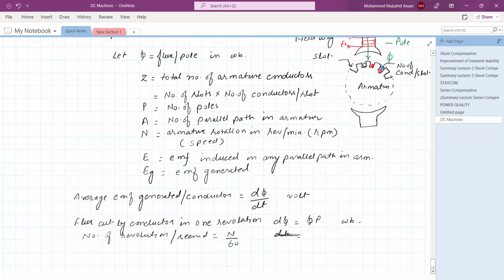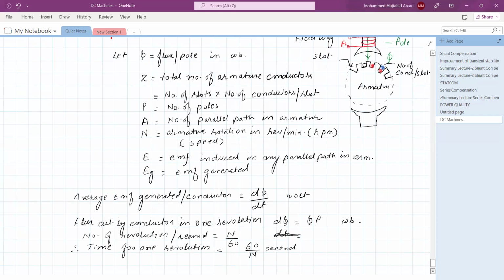Therefore the time for one revolution or rotation is equal to 60 upon N seconds. This is the time required to complete one rotation.